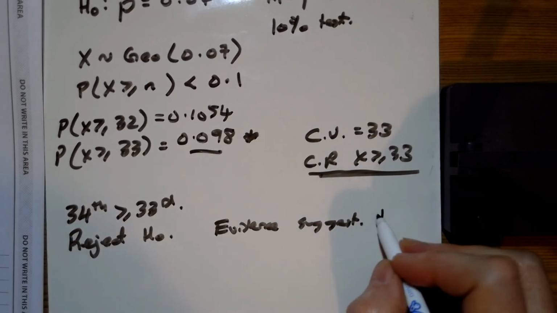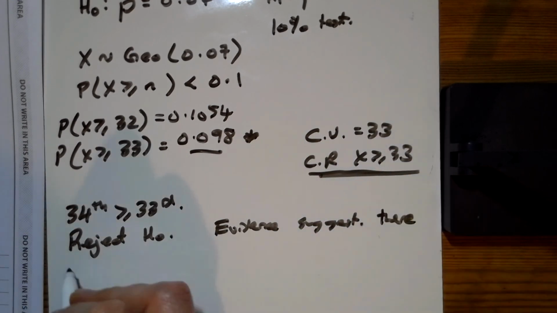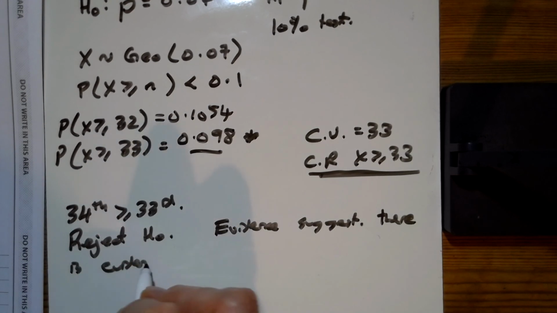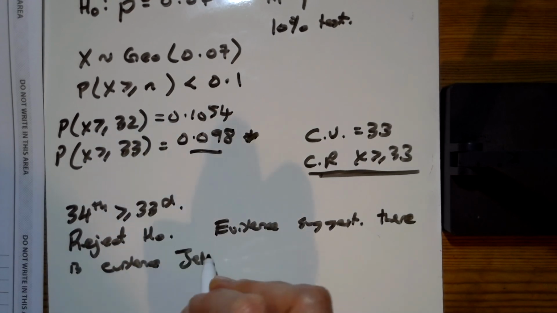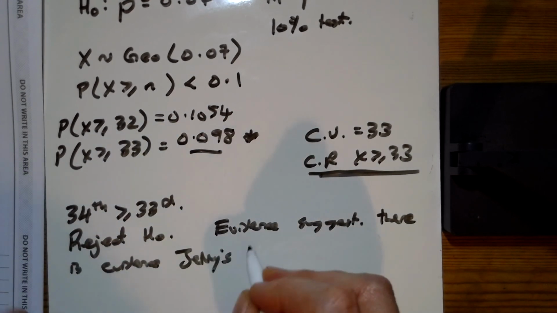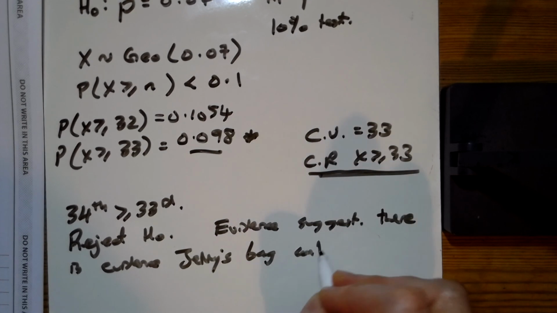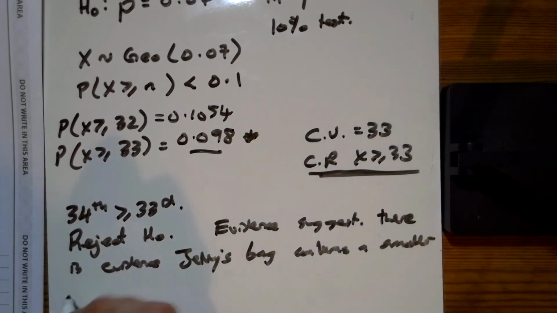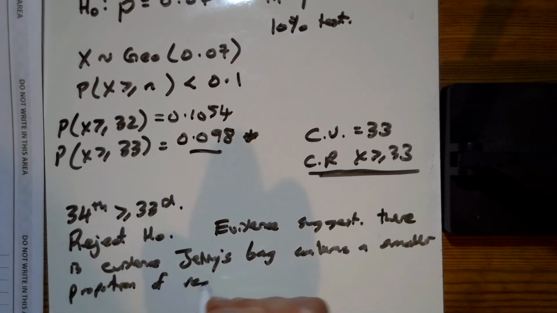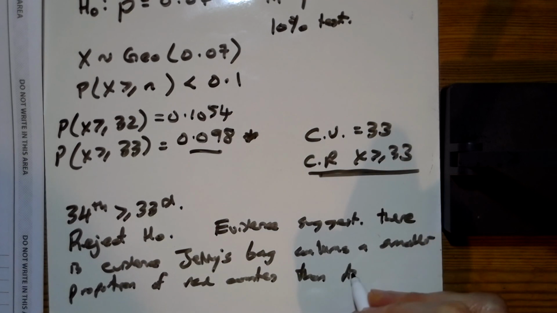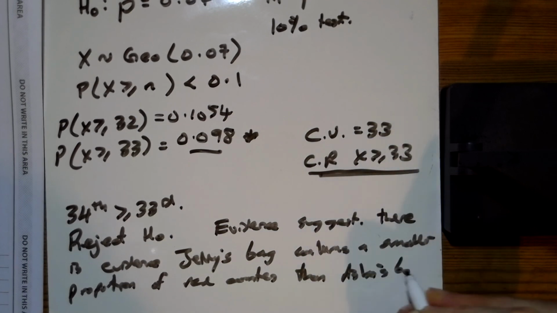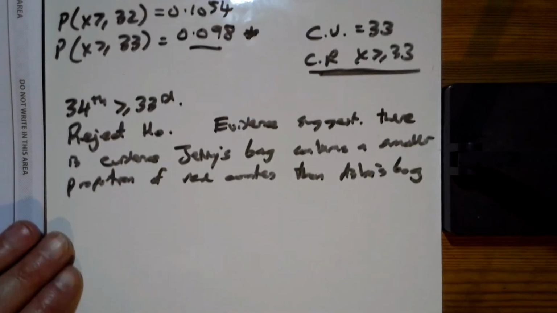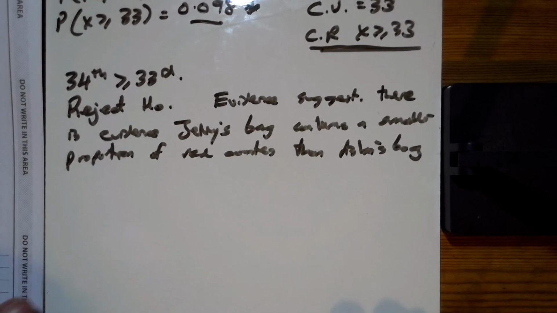Evidence suggests Jerry's bag contains a smaller proportion of red counters than Ash's bag. Just copy exactly what it says, no summarizing, there it is.